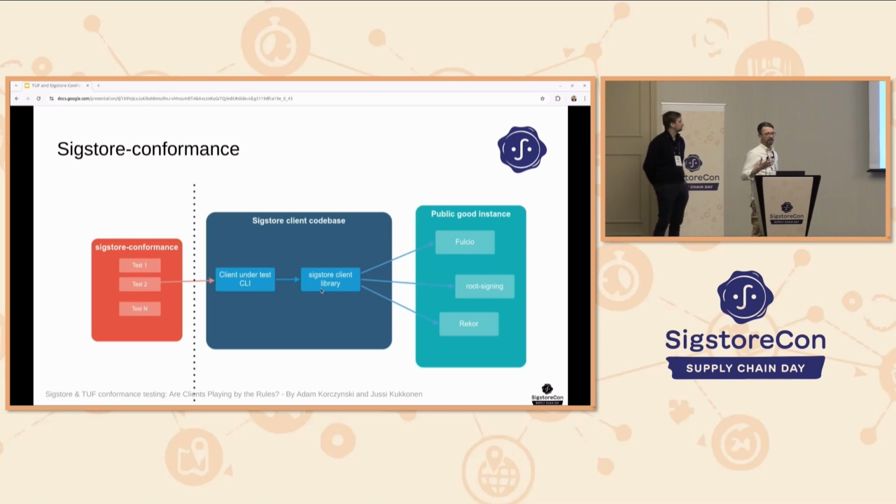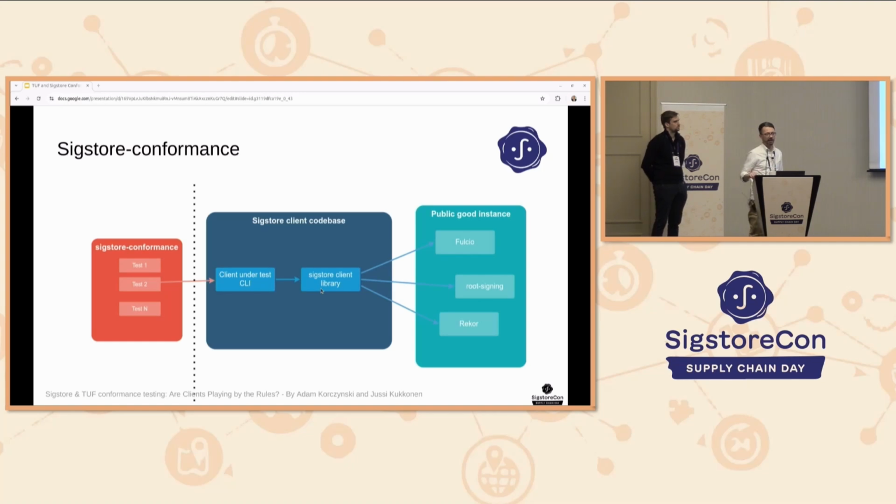From the test suite's perspective, everything after the CLI is a black box. We don't know what happens there. The dotted line on the left is kind of the measurable surface. We can push some inputs to the CLI, and we can look at the return values or products that it produces. But other than that, we have no visibility.